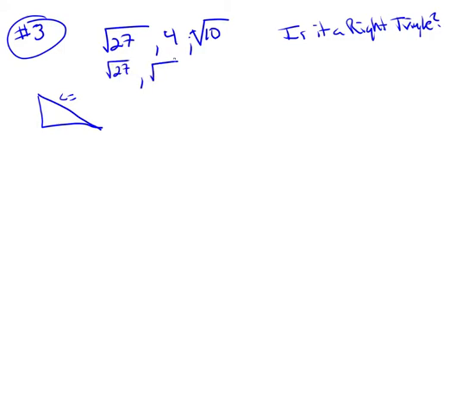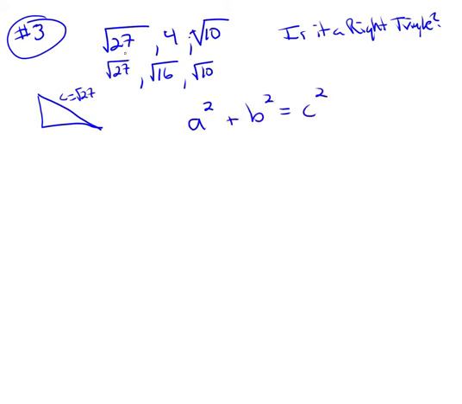So I'm going to make these all into square root symbols. The square root of what is 4? That's 4 times 4 is 16. The square root of 10 is my smallest. The square root of 27 would be my C. So now I'm going to write the formula: A squared plus B squared equals C squared.